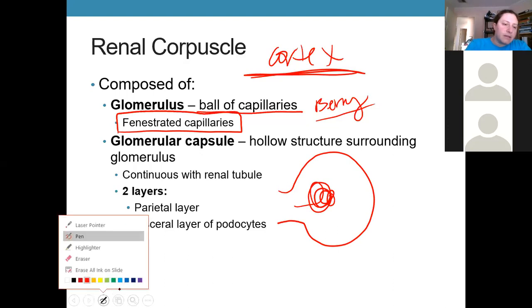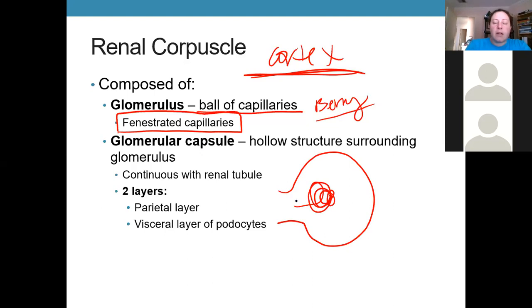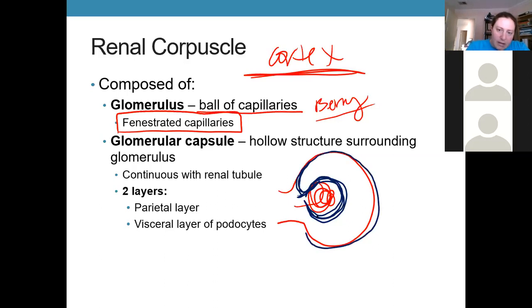So again, we have a situation where some of it is covering the glomerulus, and some of it is actually forming the layer of the capsule itself.